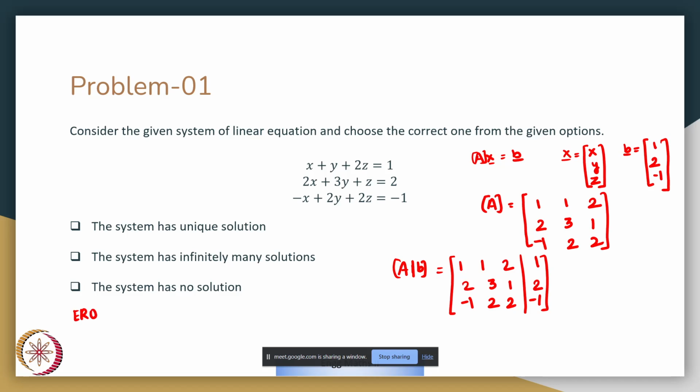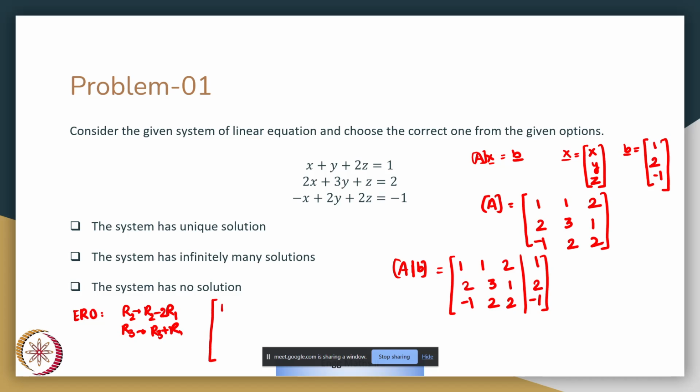So our first elementary row operation is R2 goes to R2 minus 2R1 and R3 goes to R3 plus R1. With this in mind, we essentially rewrite our augmented matrix with these operations.